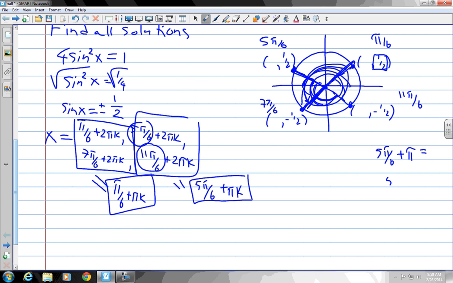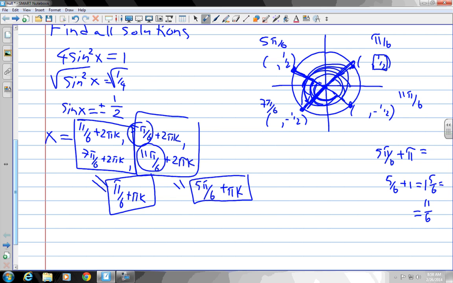Well, what is 5 6 plus 1? What does that equal to? Well, what is that as an improper fraction? Well, how come you don't know that? What is this equal to? It's 11 over 6. It's a simple fraction.